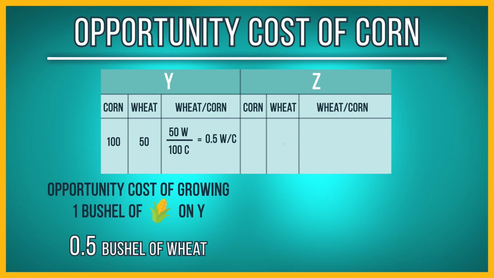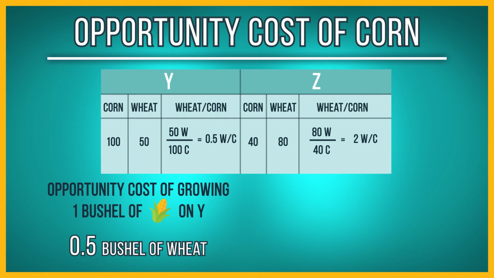Z can grow either 80 bushels of wheat or 40 bushels of corn. Therefore, when Z grows corn instead of wheat, we grow 40 bushels of corn, but give up 80 bushels of wheat. 80 bushels of wheat divided by 40 bushels of corn equals 2 bushels of wheat divided by 1 bushel of corn, or 2 bushels of wheat per bushel of corn.